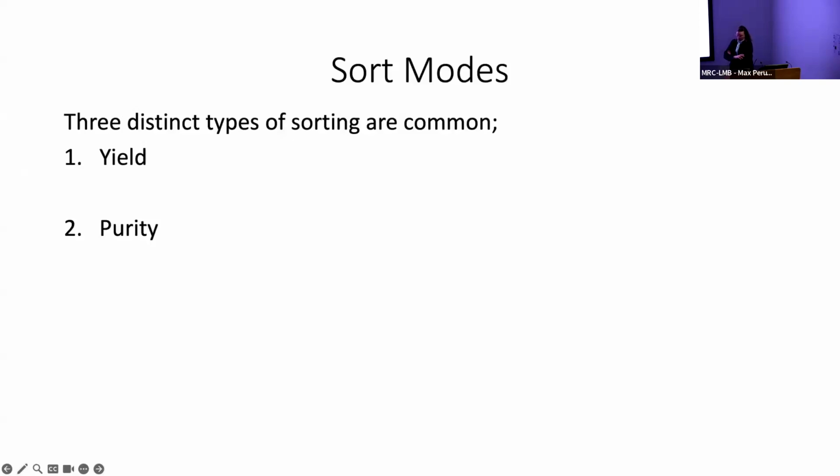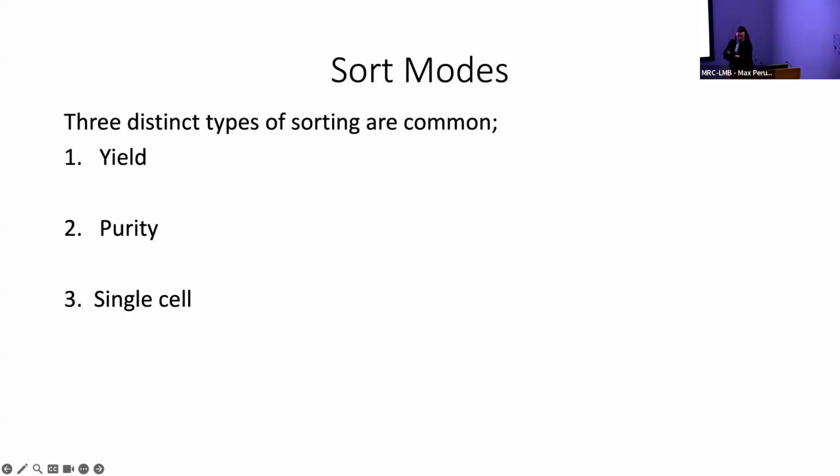And then finally, the other mode that we use very frequently is a single cell mode, and that's usually used for single cell cloning experiments into plates. That essentially means that it is sorting for the maximum achievable purity, but at a great cost to yield.